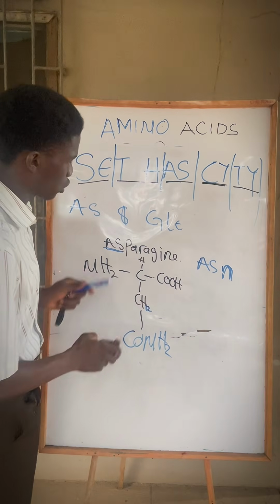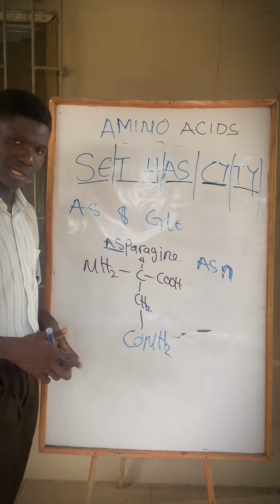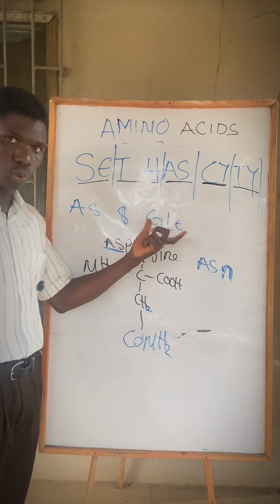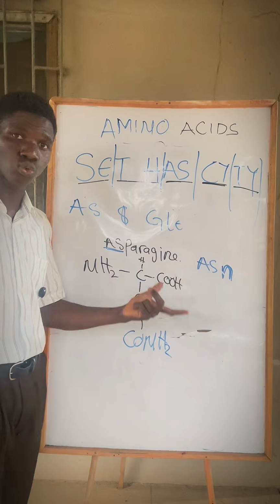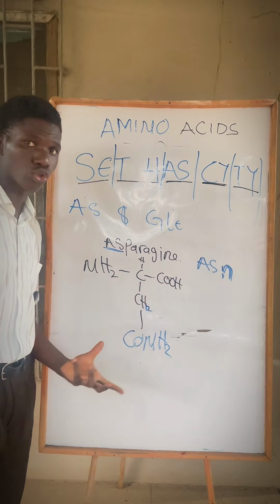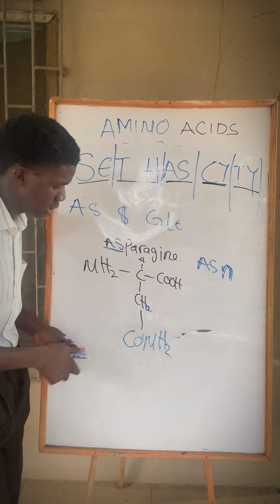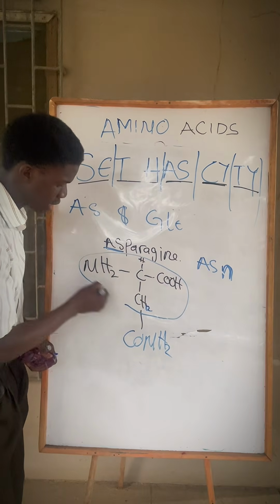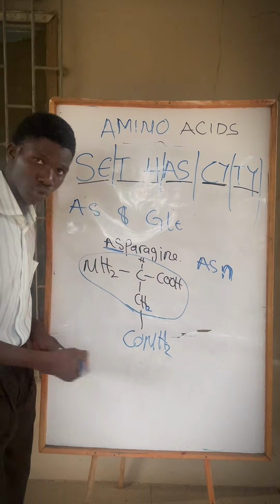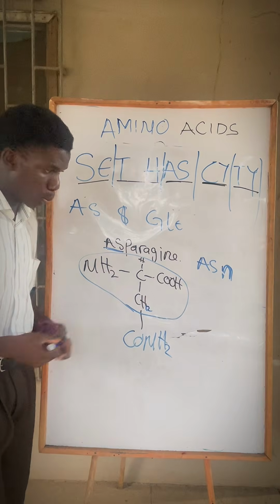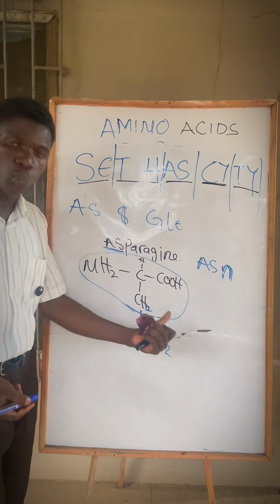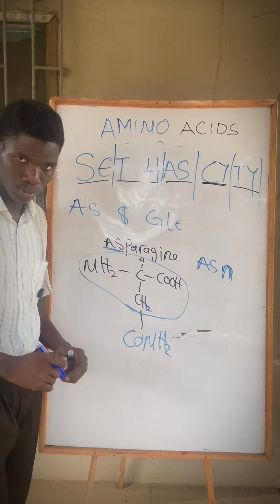Now I will not clean this structure, I will draw glutamine. Now, how do I draw the structure of glutamine? Don't forget glutamine is also an amide. So how do I draw the structure? Will I just draw this alanine and then add the amide functional group? No. If I should do that, both asparagine and glutamine will have the same structure.